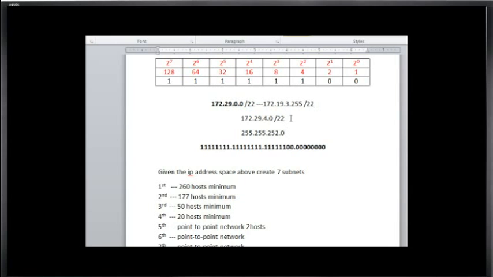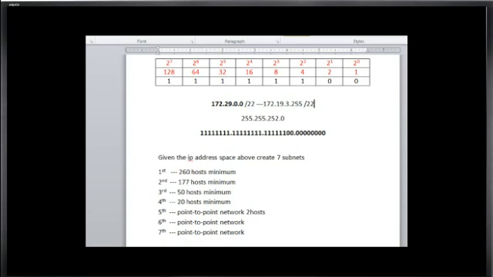Okay, so that is the space that we're given. All right, so we have to create 7 subnets between 172.29.0.0 and 172.29.3.255. So we're going to carve up this space, essentially.